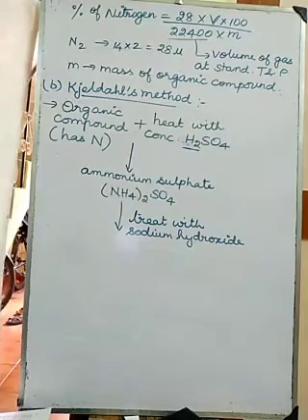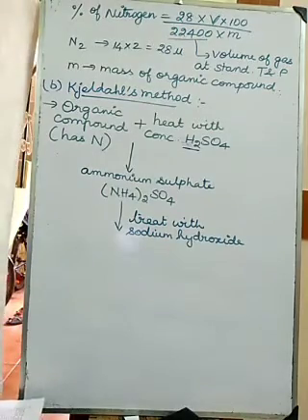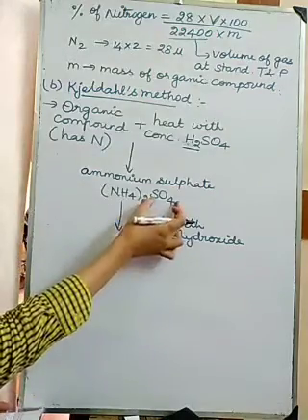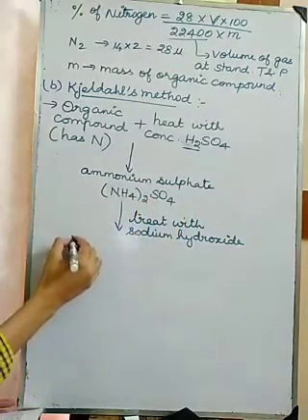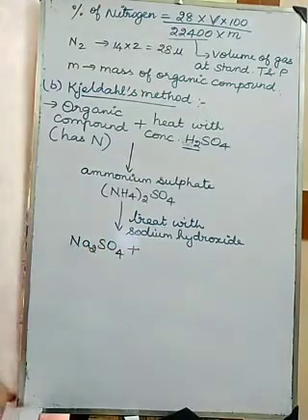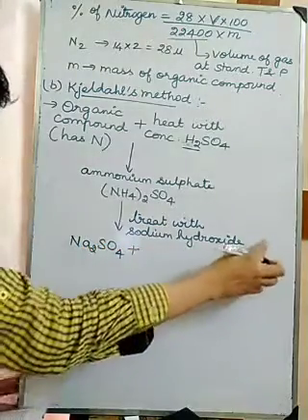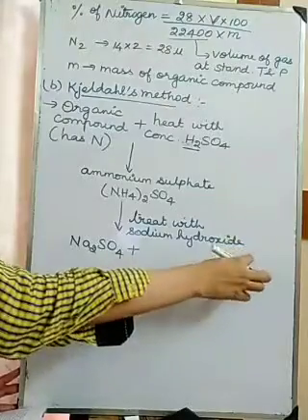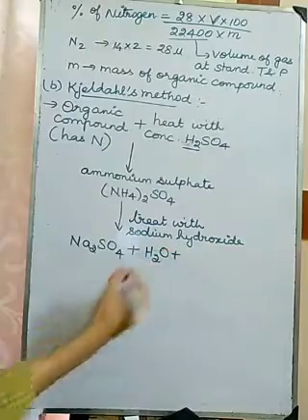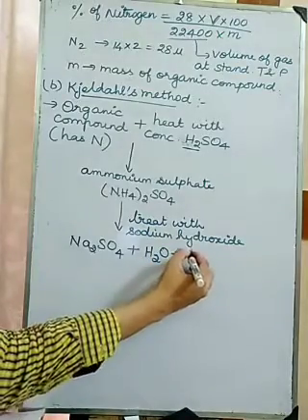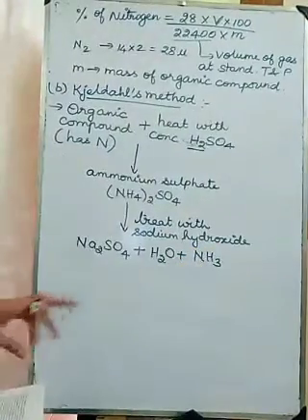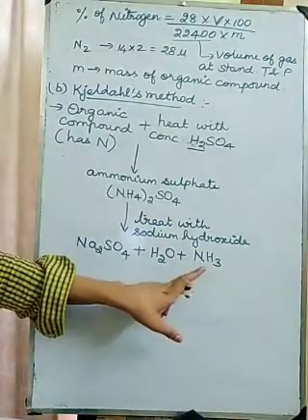When you treat it with sodium hydroxide, sulfate and sodium form sodium sulfate. The OH reacts with one H and forms water, and along with that I get ammonia. So ammonia is formed, correct?